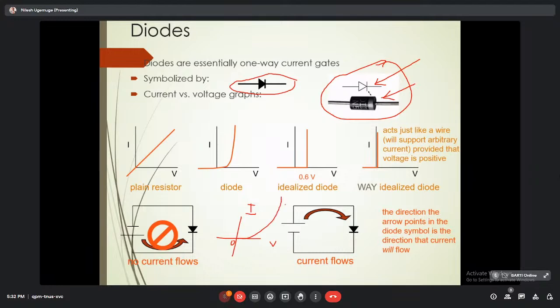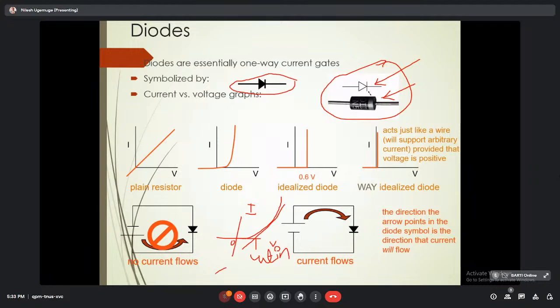If we draw the tangent here, then this voltage can be considered as the cut-in voltage. The cut-in voltage is the voltage at which any semiconducting device starts working.